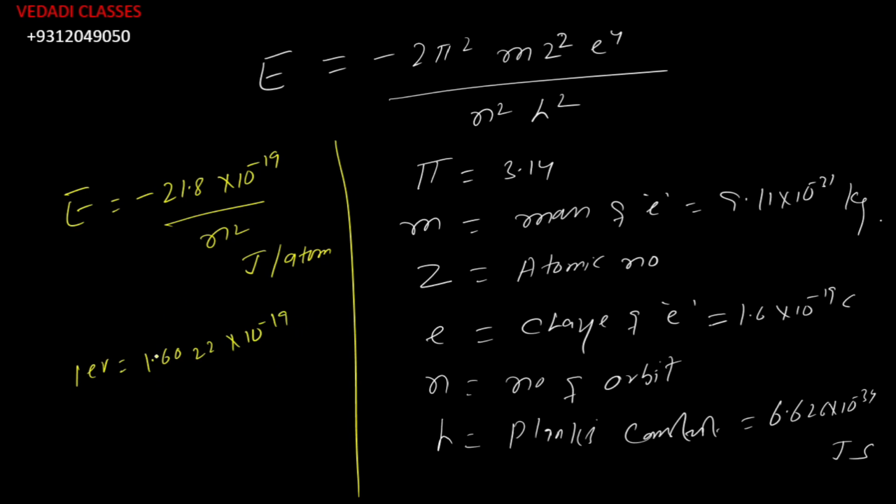So when you divide by that, you will get minus 13.6 upon n square electron volt per atom. And if you want it in kilojoules, E will be equal to 1312 divided by n square kilojoule per mole. So this is the value of energy in different forms. This you should keep in mind.